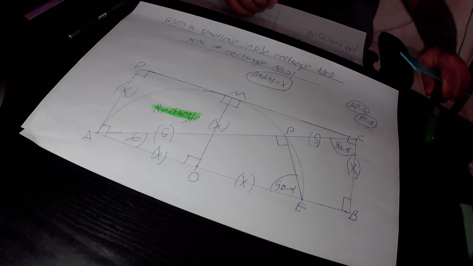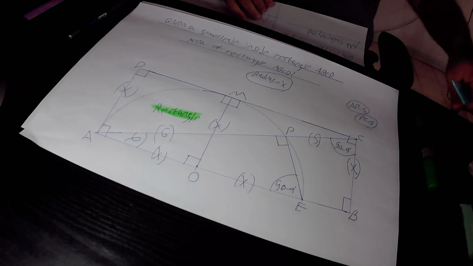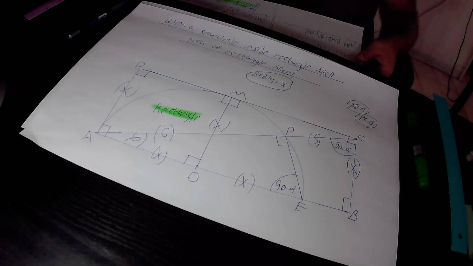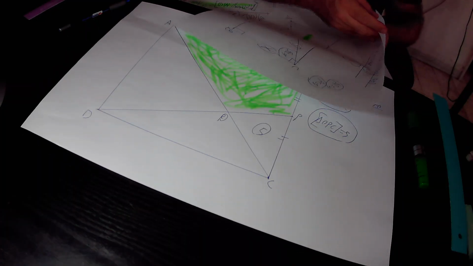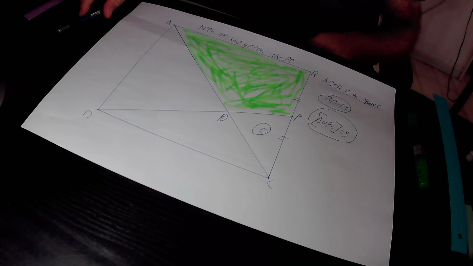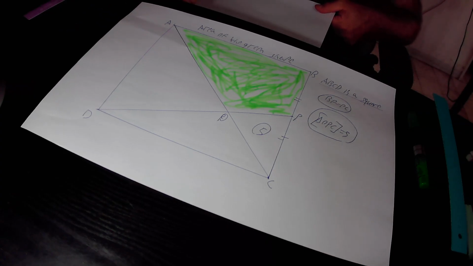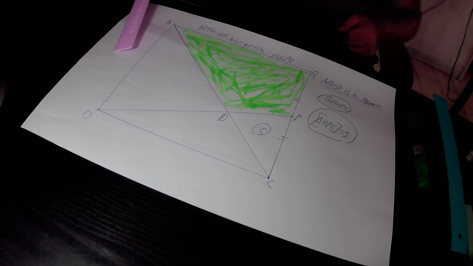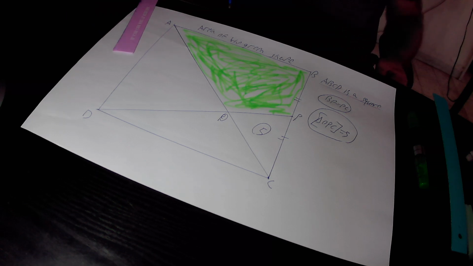The next step, I present to you the second question, and we solve the second question of this lecture. Our mission, this is the second question, is to find out the area of this green shape.